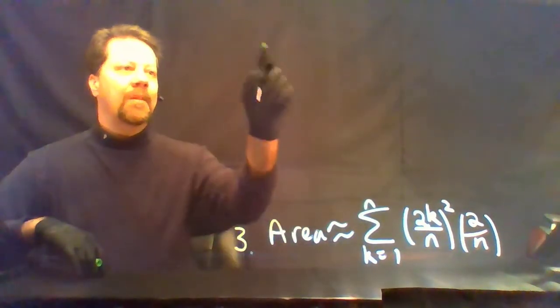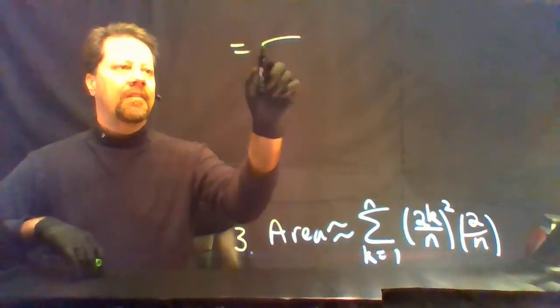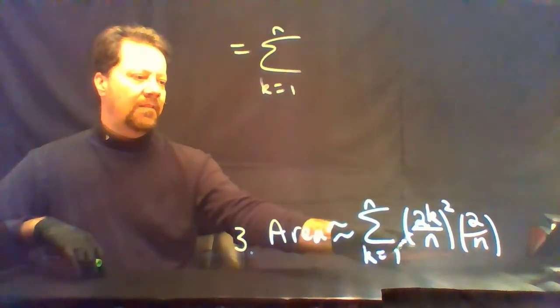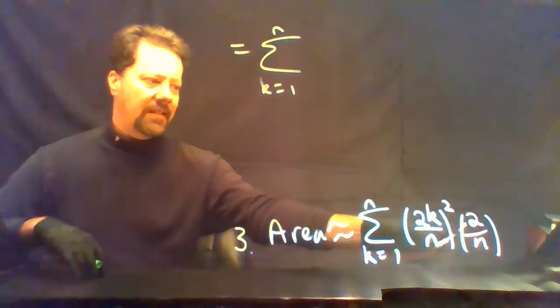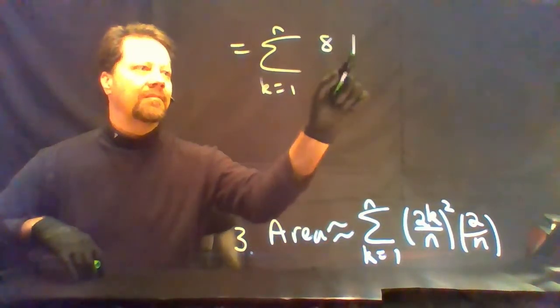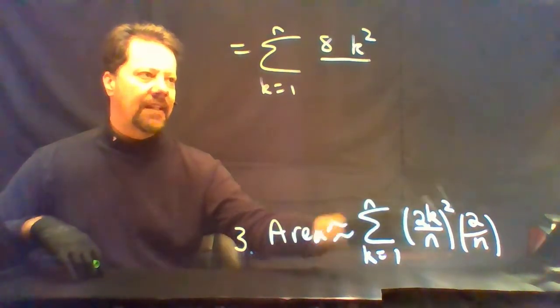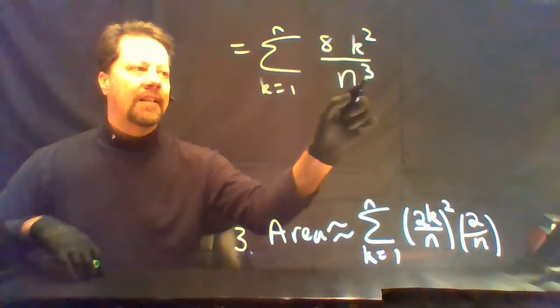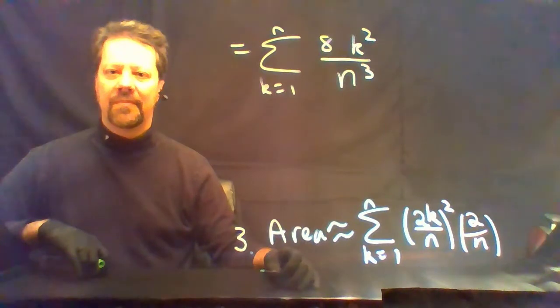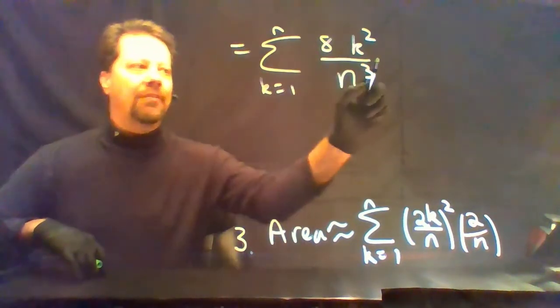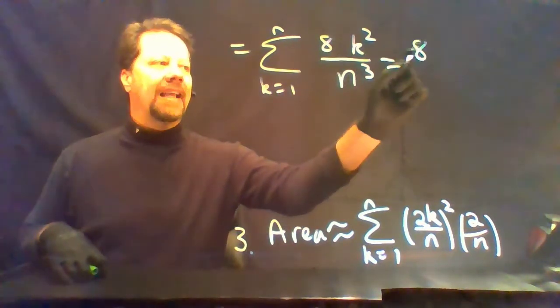Simplifying, we'll have the sum as k goes from 1 to n. We'll have this 2 squared times 2 is 8. k squared, we'll have an n squared times n. That gives us n cubed. 8 divided by n cubed can be factored out of the sum because it does not depend upon k.